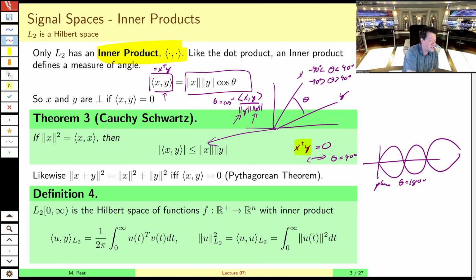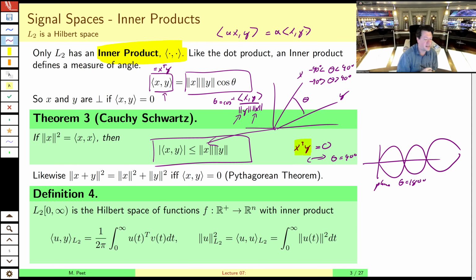The same properties that hold for a vector space and a normed space have to hold for an inner product, but then one more. For example, scalar multiplication has to hold. But then one more has to hold, which is the Cauchy-Schwarz inequality.